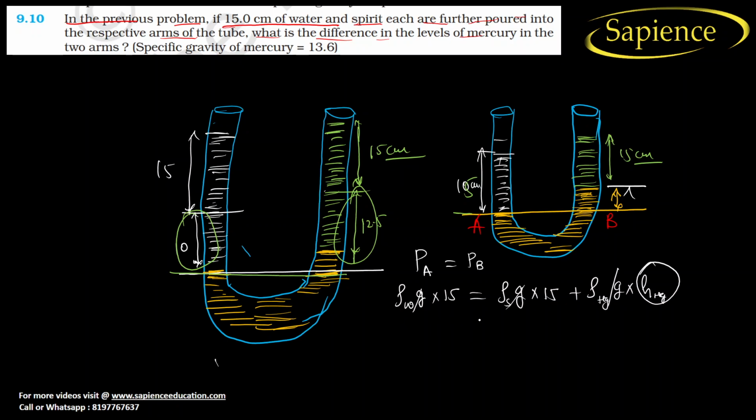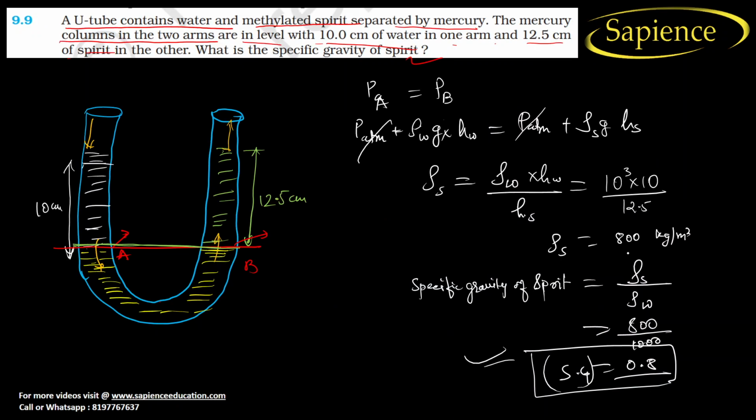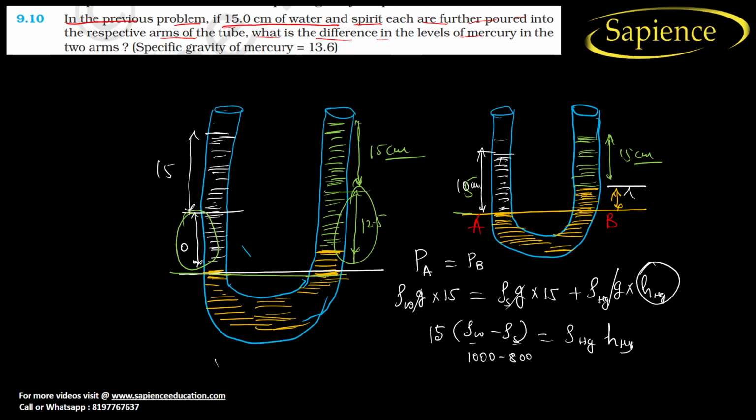Now if we subtract, this will be 15 common, rho water minus density of the spirit, equal to rho Hg into height of the mercury. Rho water is 1000, so put here 1000 minus 800. Why 800? Just now we got 800 kg per meter cube as the density of the spirit.